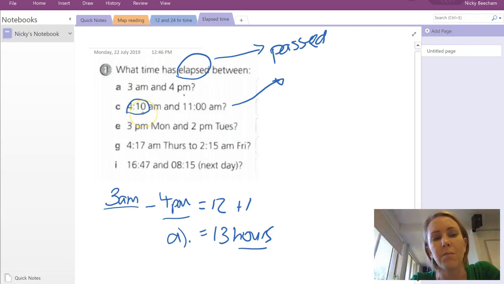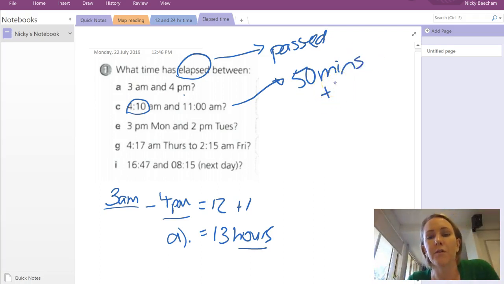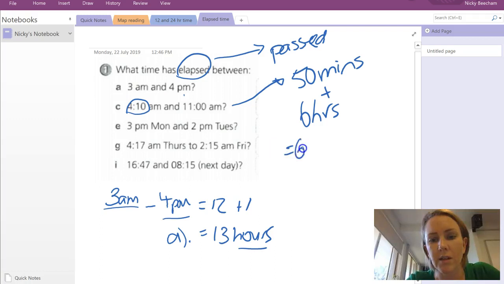So if I've got 10 minutes past 4, another 50 minutes will take me to 5 a.m. So I'm going to write down 50 minutes plus, if I've got to 5 o'clock, I'm then going to go 6, 7, 8, 9, 10, 11 is 6 hours. Okay, so all together, and the way we would write it is usually the hours first, so I'm going to rewrite it, 6 hours, 50 minutes.